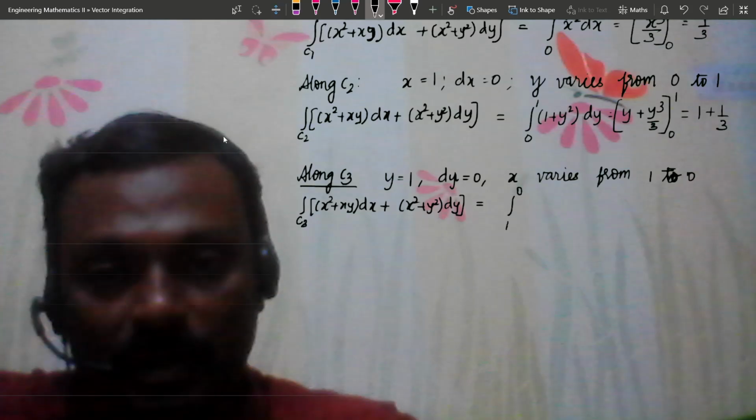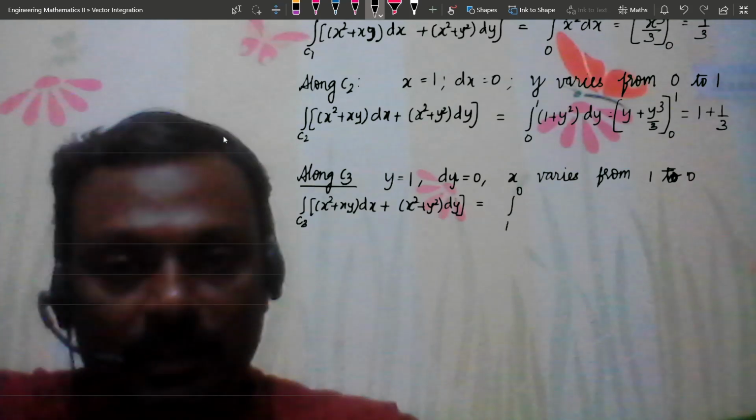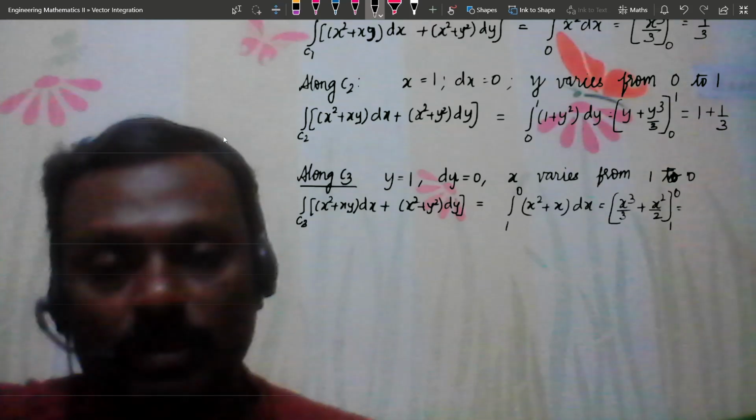Wherever y comes replace it by 1 and dy is 0. So we have x squared plus x dx. Integrating we get x cubed by 3 plus x squared by 2 under the limits 1 to 0. So the upper limit gives 0. Substituting the lower limit we get minus 1 by 3 minus 1 by 2.